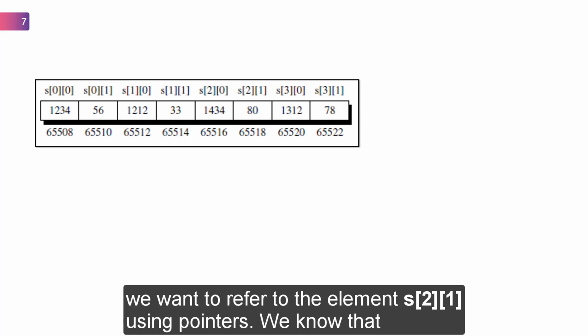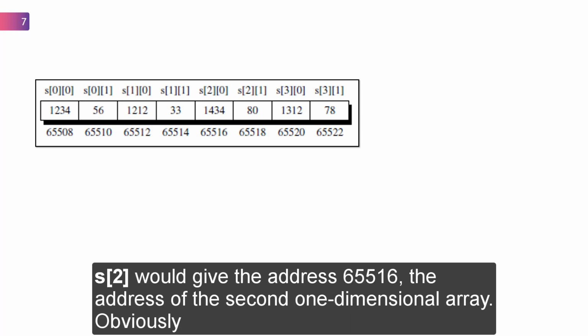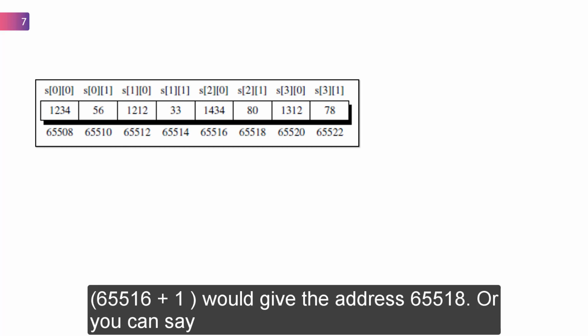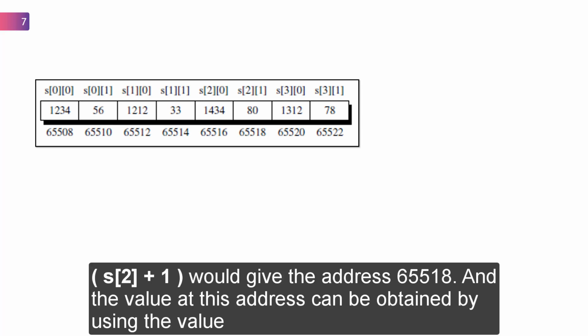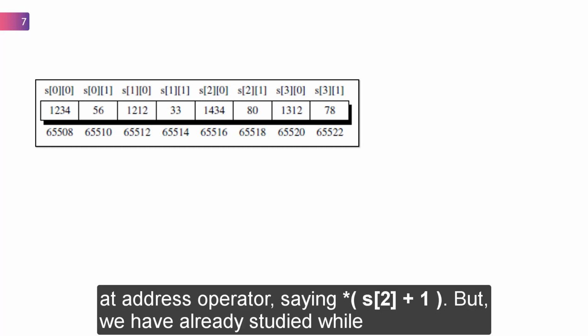We know that s[2] would give the address 65516. The address of the second one-dimensional array obviously will be 65516, plus 1 would give the address 65518, or you can say s[2] + 1 would give the address 65518, and the value at this address can be obtained by using the value at address operator, saying *(s[2] + 1).